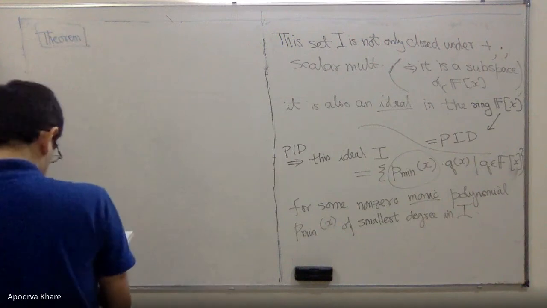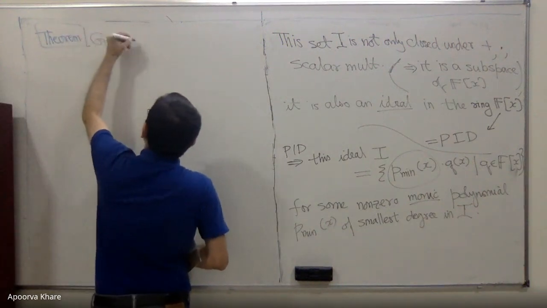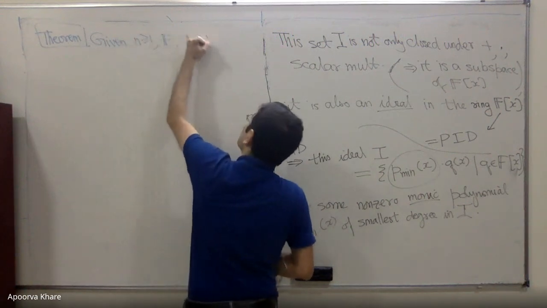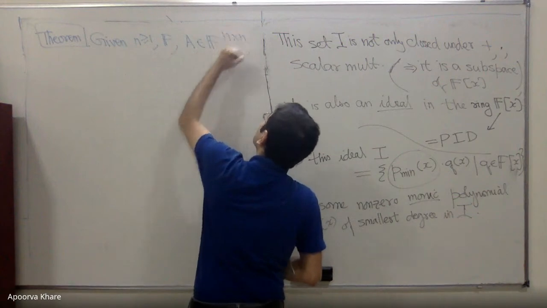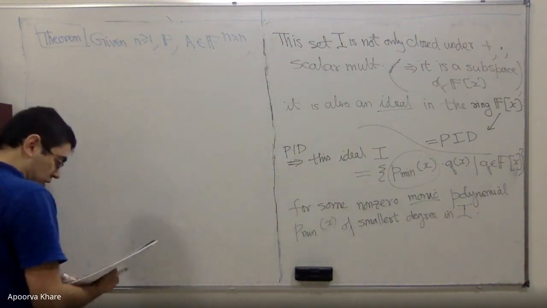Theorem. So again, usual things: given n, F, and the matrix A, which is in F to the n cross n. There exists a unique polynomial, and now literally unique, which is monic.